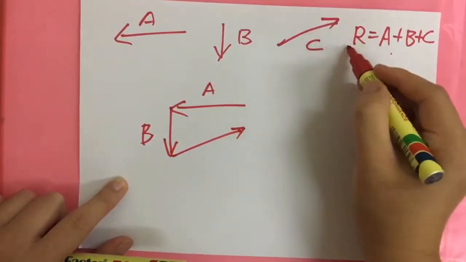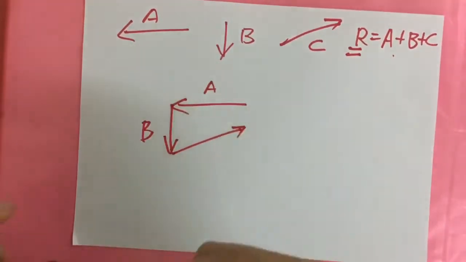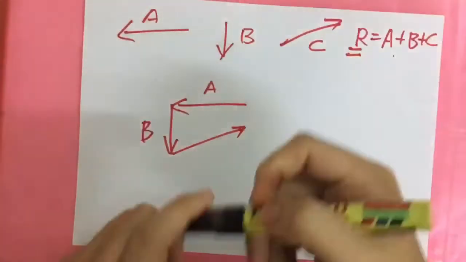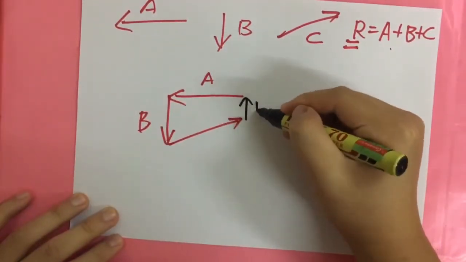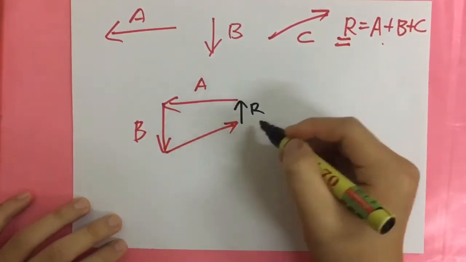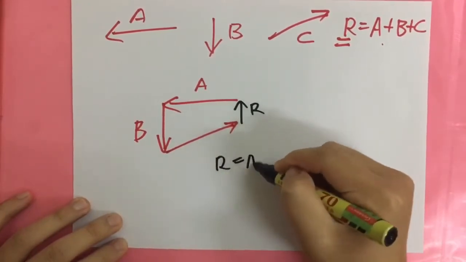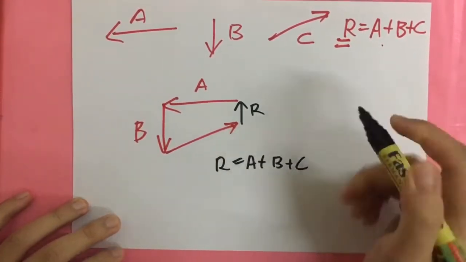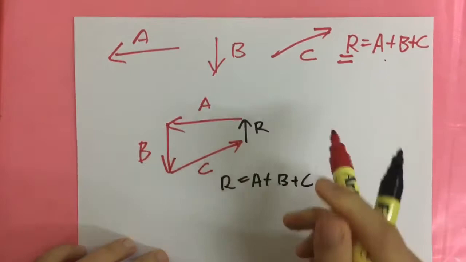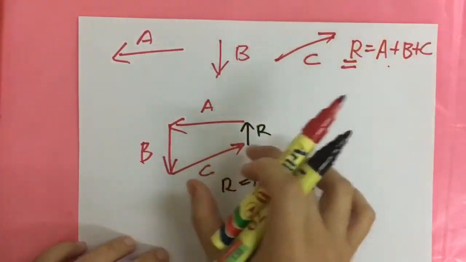The resultant R is this small line that we're going to find, right here. So R is equivalent to A plus B plus C. Can you see the similarity is identical?